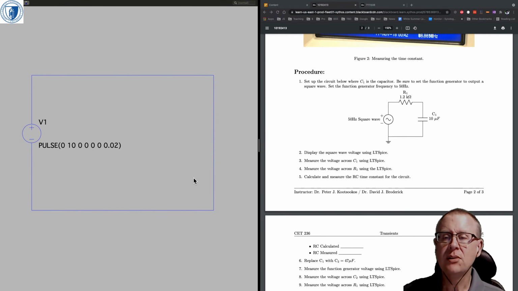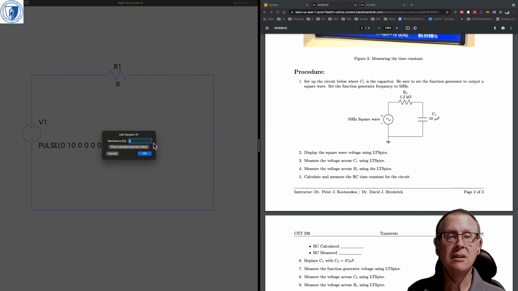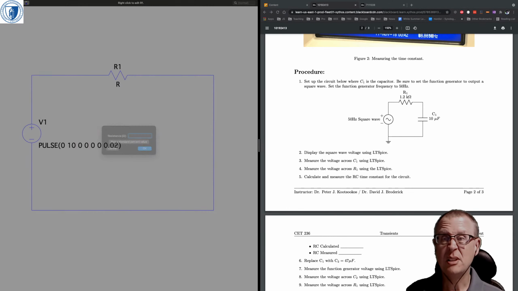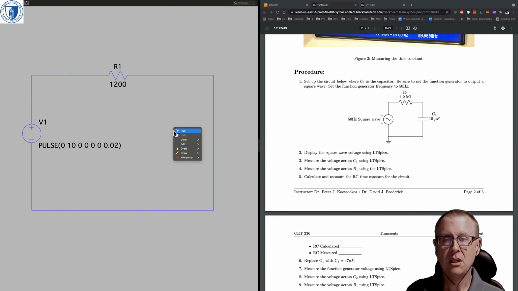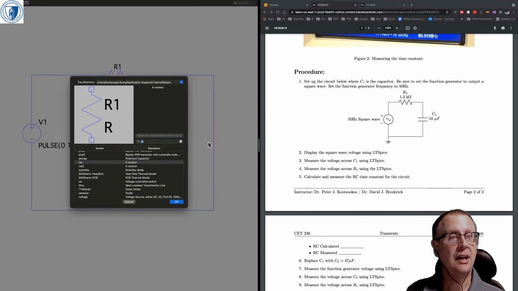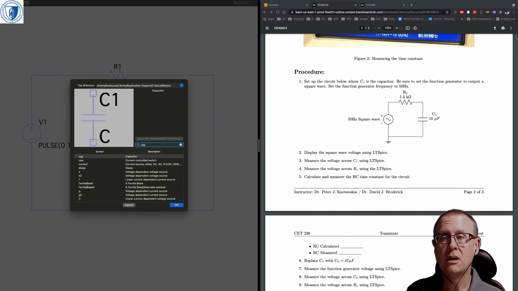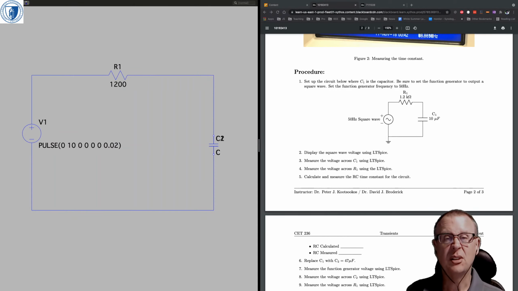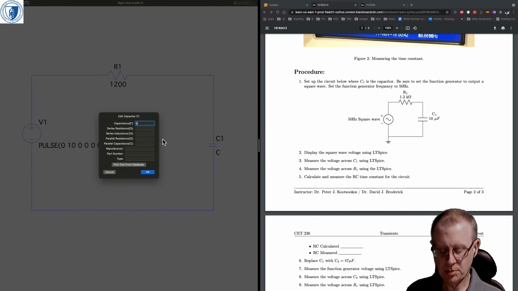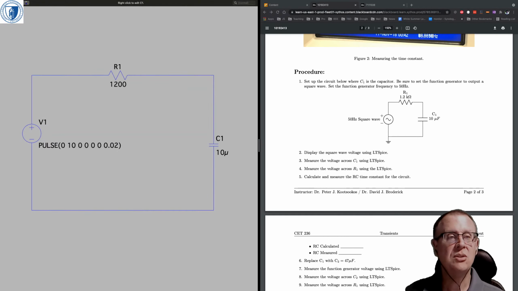And then we need to have a resistor, and Control R to get the resistor, and 1200 ohms. And then we need to have a capacitor, and this one's going to be a 10 microfarad capacitor. 10U should be enough. And there we go.